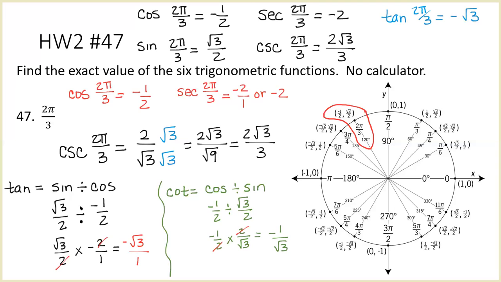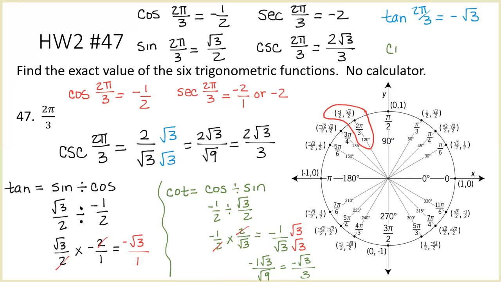Which we can't leave, so we have to multiply by the √3. And we end up with -√3/3, which is the cotangent.